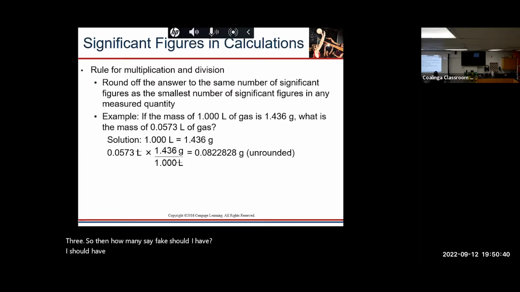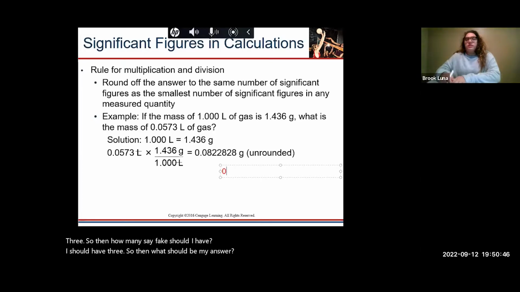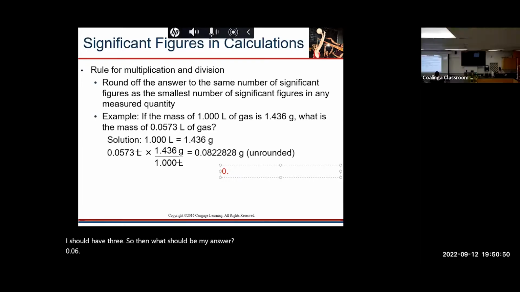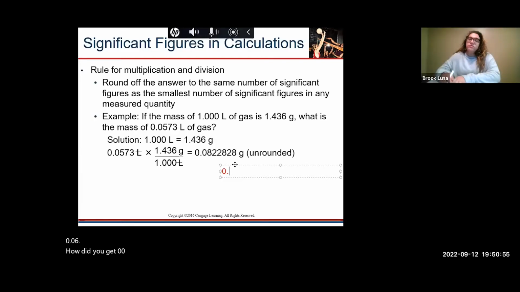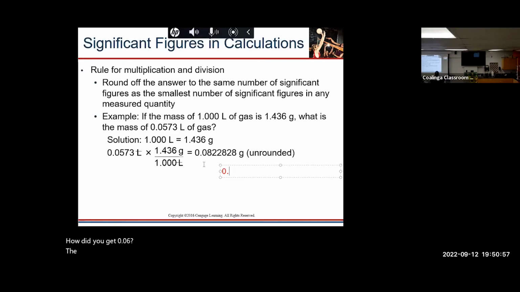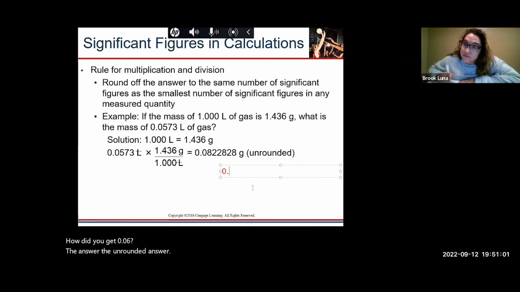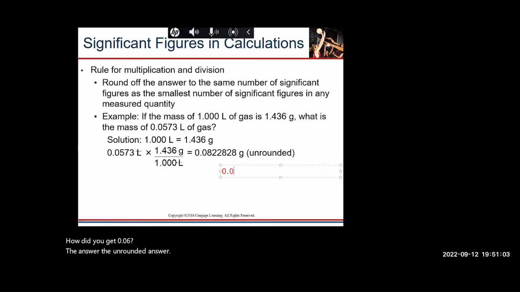So then what should be my answer? 0.06. How did you get 0.06? Which number are you looking at? The unrounded answer. 0.08. Would that be 3 sig figs?